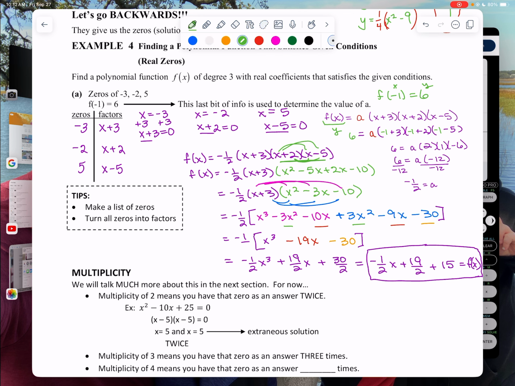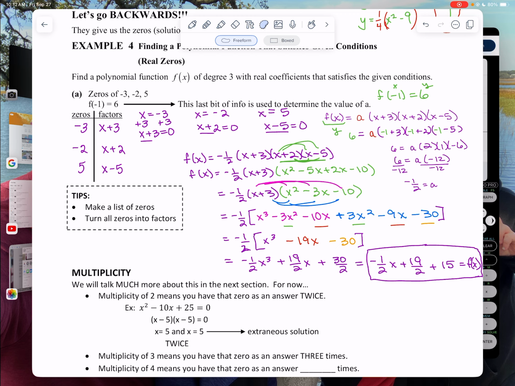And then the last part is I'm going to take this 1/2. Let me get a purple pen. So I've got my negative 1/2, and I'm going to distribute that. The way you distribute it is, notice that if I multiply tops by tops, that gives me a negative 1x to the third, and then bottoms by bottoms. I don't have any bottoms down here, so everything is going to be over 2.